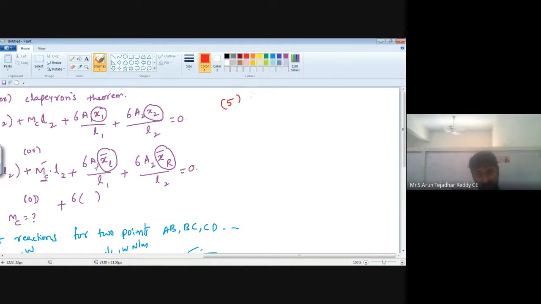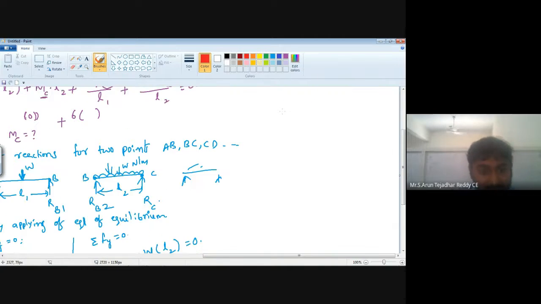Fifth one is find final support reactions at supports.